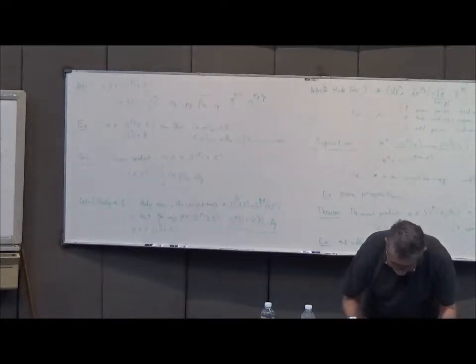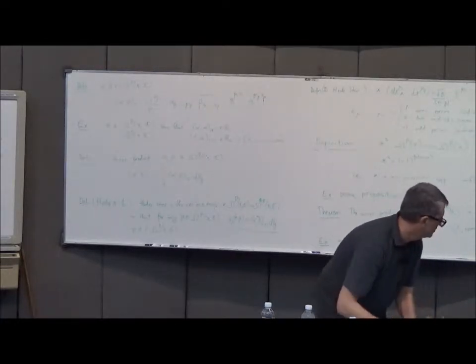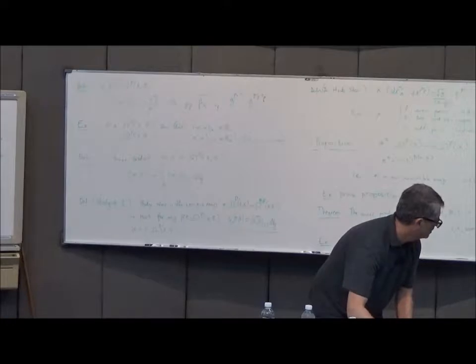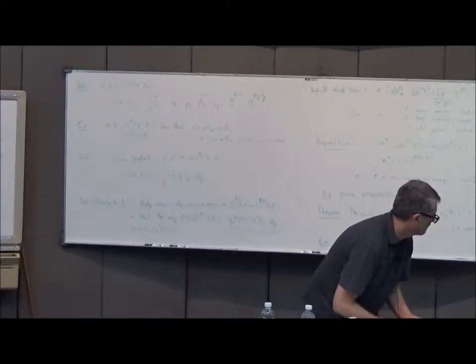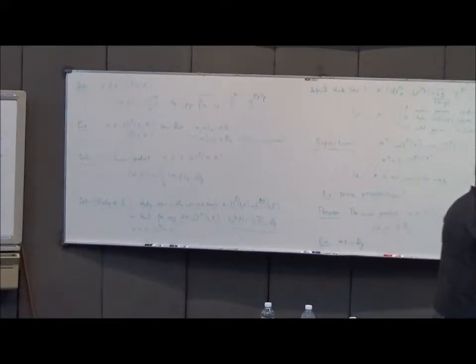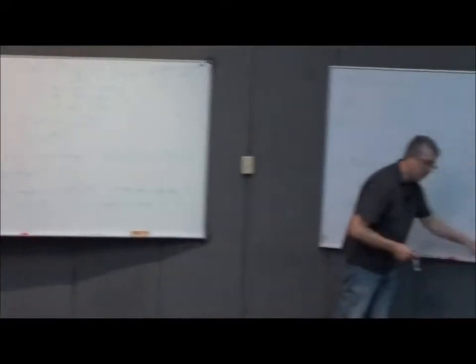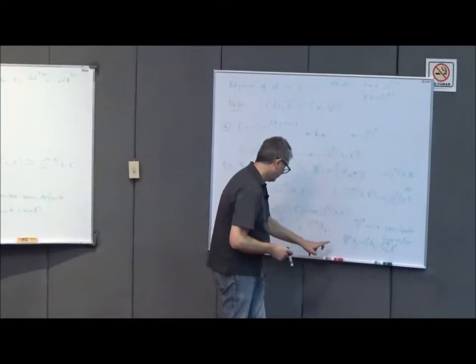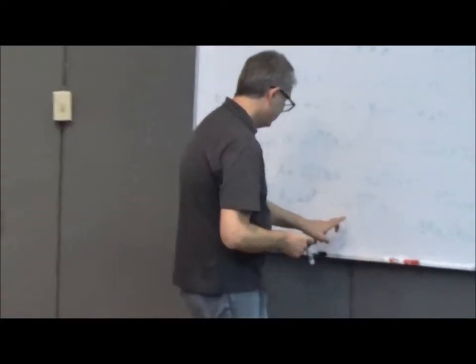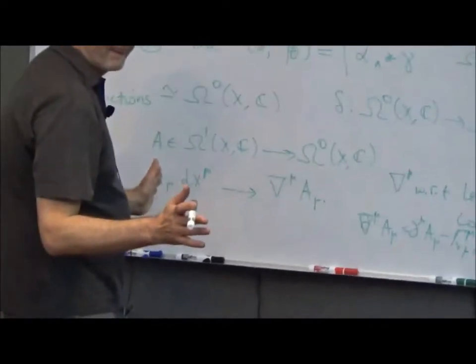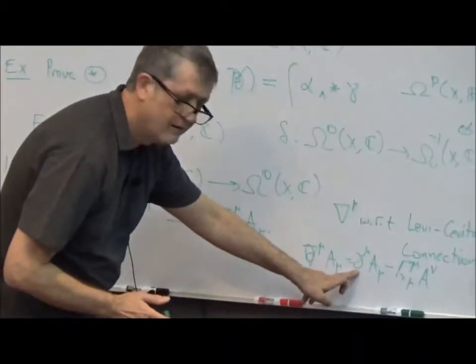The D of the Jacobi D with the superindex mu, what does it mean exactly? Which one? At the end? No, the Jacobi's D. Yes, there.